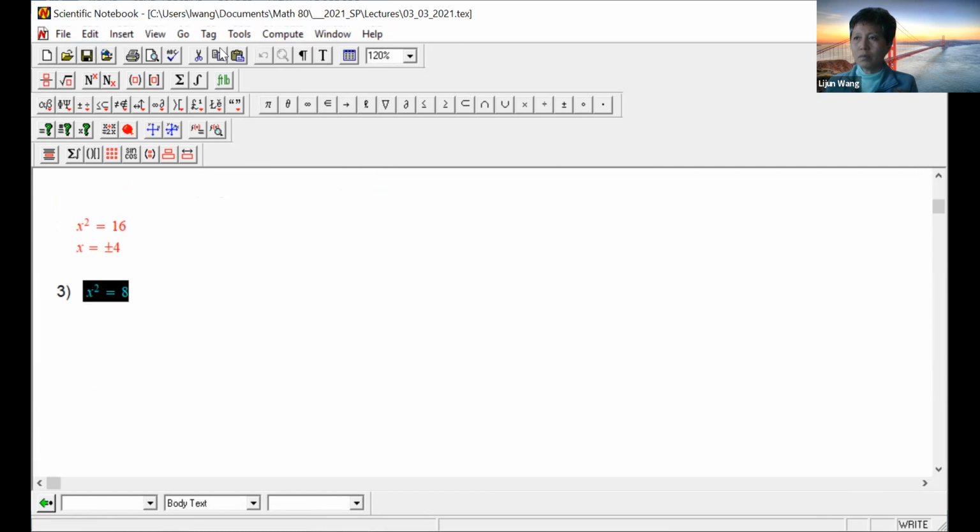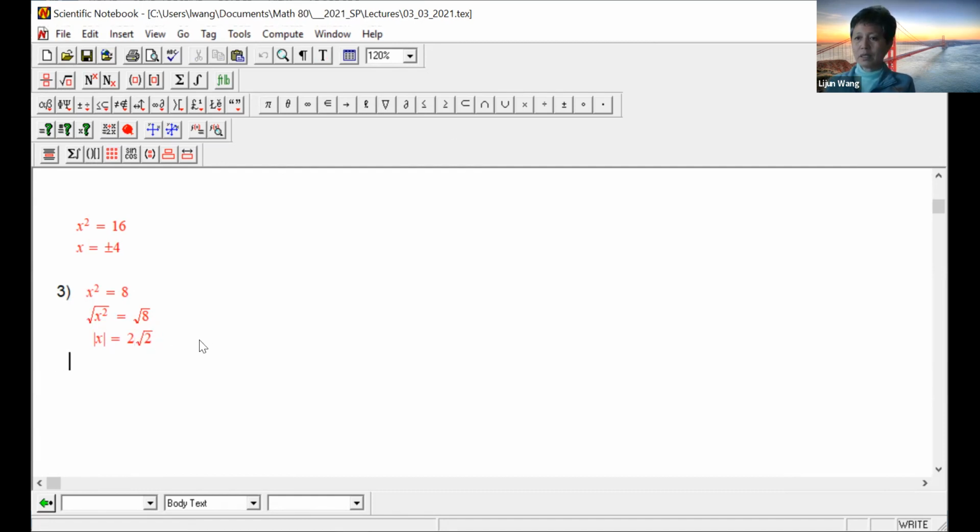If this is true, you see I'm using the if in my statement, then I'm using the shorter version of it. And then I'm going to apply the absolute value, because root of x squared is equal to absolute value of x, and that equals 2 times square root of 2.